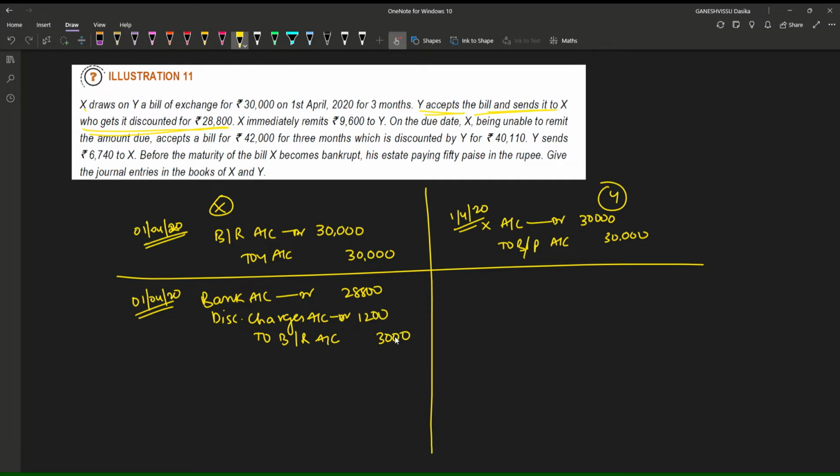Total 30,000 is the amount, for which there is no entry in the books of Y, because X is discounting the bill with the bank, right?